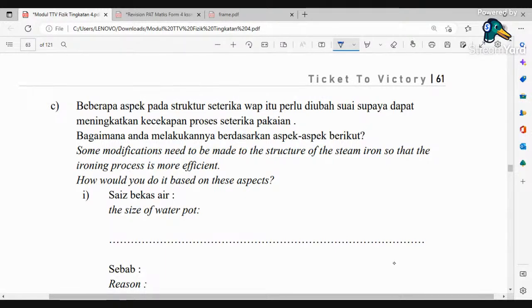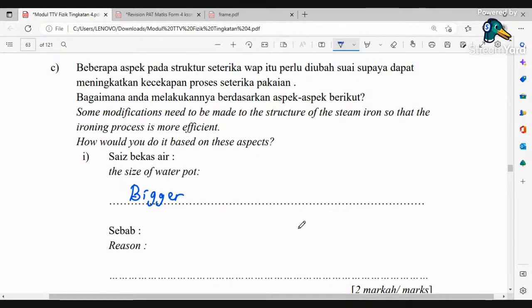So we need to use bigger size or larger size. Okay, size of water pot is bigger. Reason, okay, banyak jawapan berterima. Can store more water, can use for longer period. Okay, the water is enough for supply in longer period.